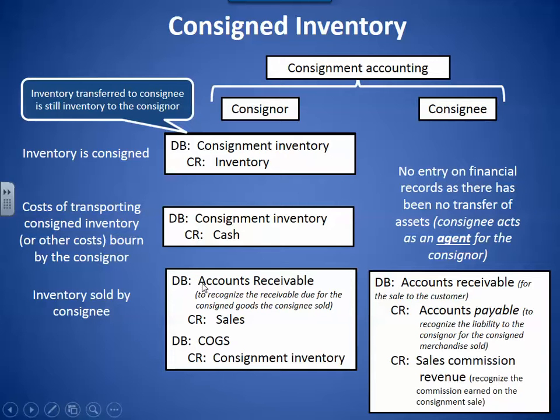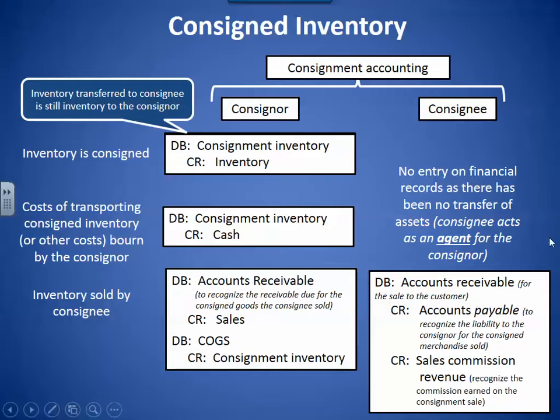The first is to debit accounts receivable, to recognize a receivable due from the consignee for those consigned goods that the consignee sold, and the credit is to sales. We also debit cost of goods sold to recognize that the inventory is now owned by the customer that the consignee sold it to, and we credit consignment inventory.